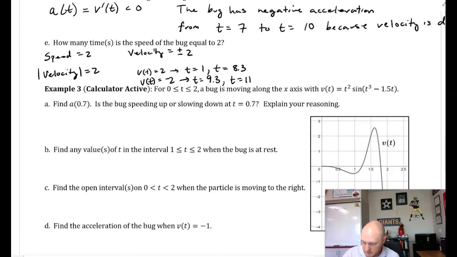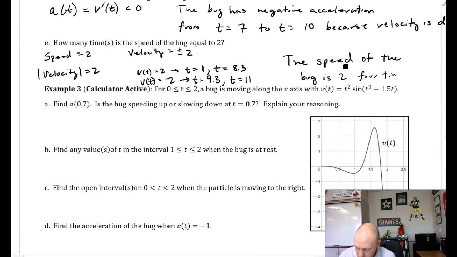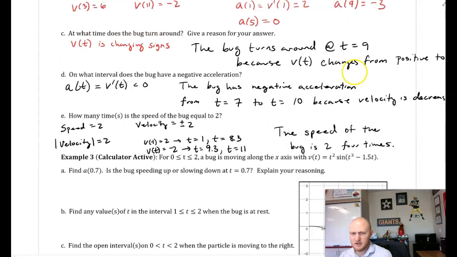So how many times? The speed of the bug is 2. 4 times. Okay, and there you have it.